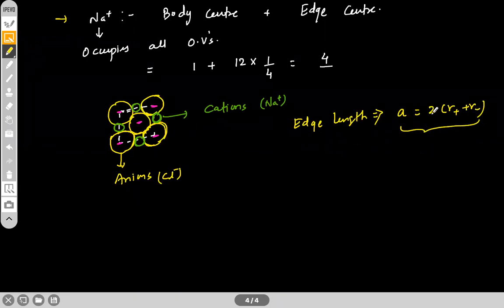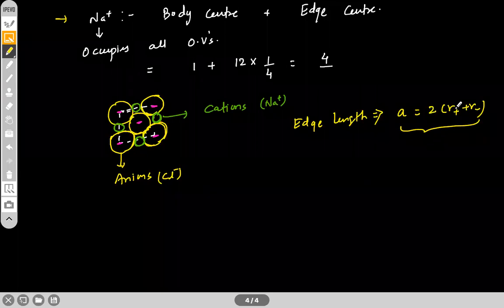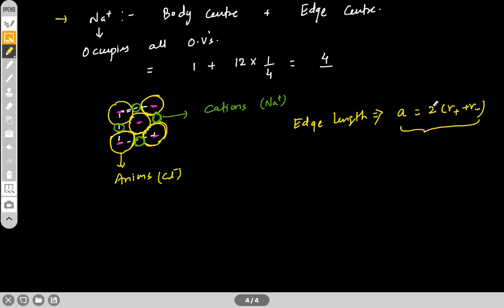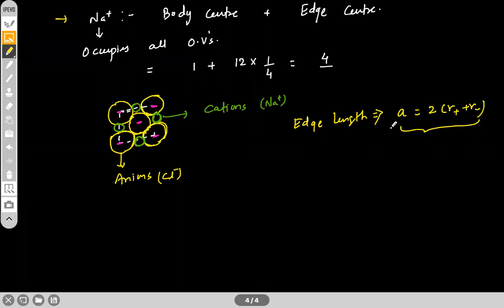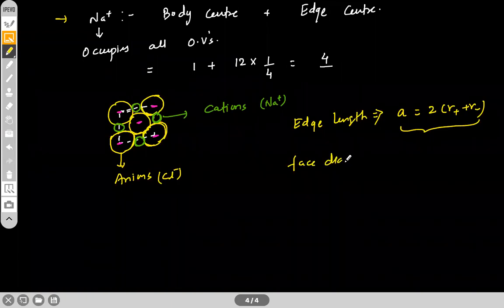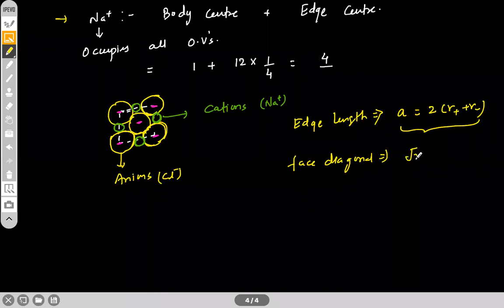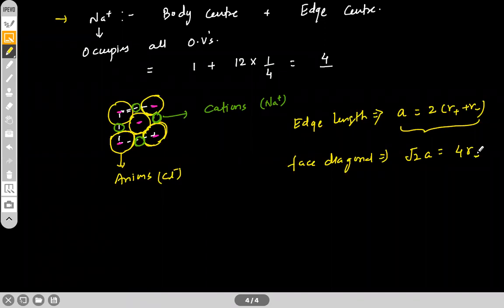But since we have covalent compounds, r plus and r minus are equal, so I have written over there a is equal to 4r. Here we have r plus and r minus. If you see, this face diagonal is root 2 a, and this should be equal to 4r minus.